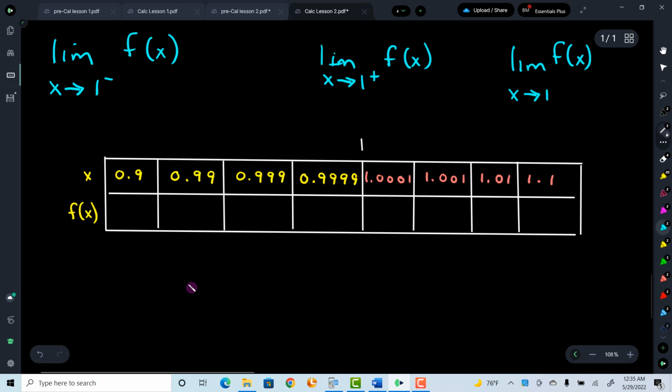So this side over here would be coming from the right, and over here we're coming from the left. Okay, so what are my y values?